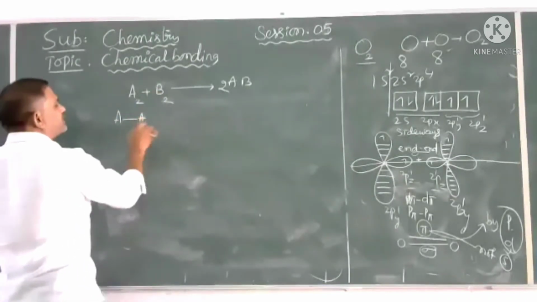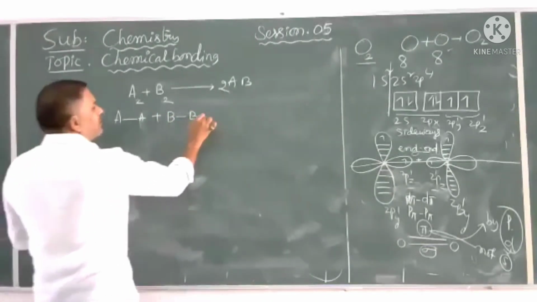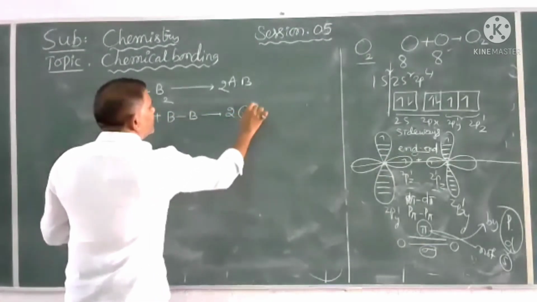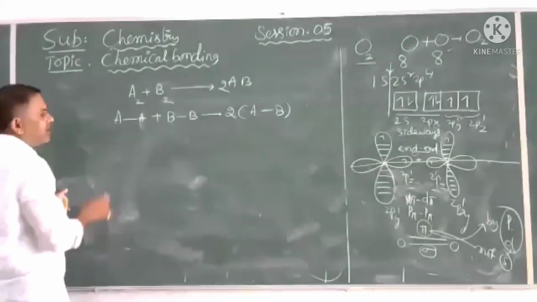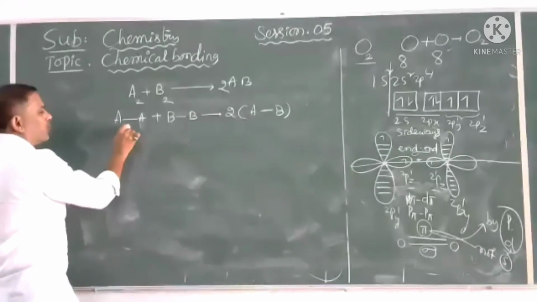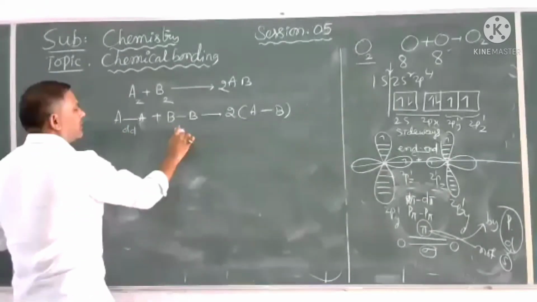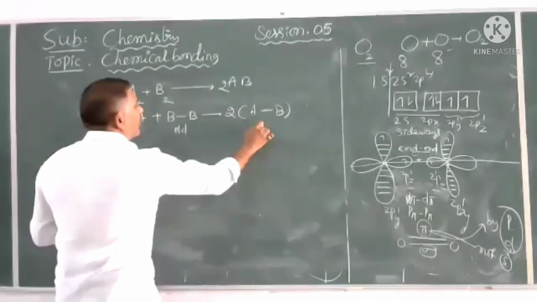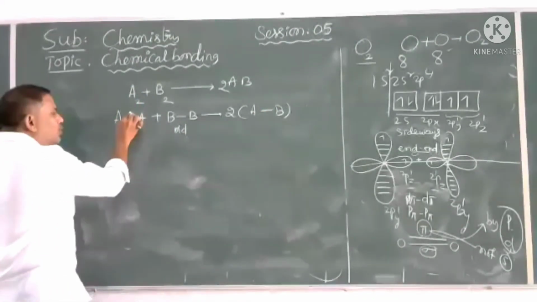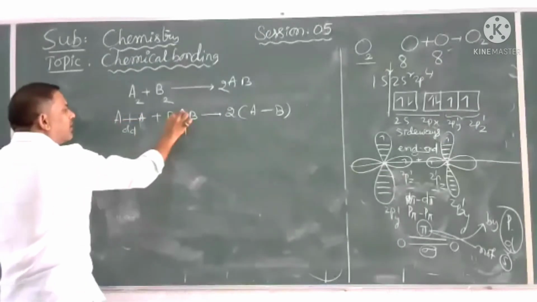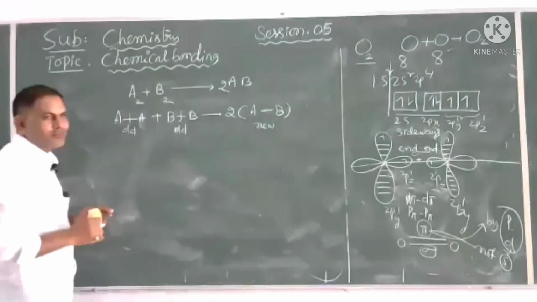Between A and A there is a bond, and between B and B there is a bond. Then we get A with B, and one molecule is formed. These are the old strong bonds. Now a new bond is formed. So these old bonds are ready to break to form a new covalent bond.